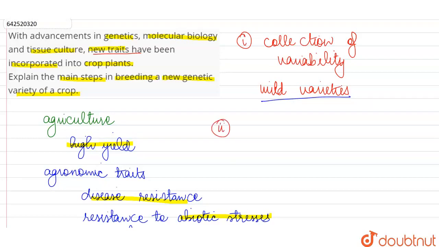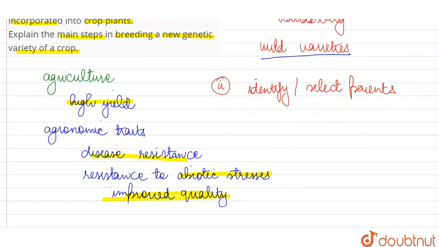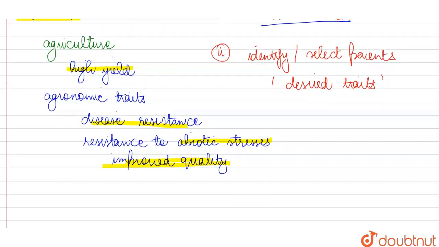And out of all this variability, out of all this genetic diversity, we have to identify and select the parent plants which are going to have these desirable qualities which we want in our crop plant. So after collection of variability, the second step is identification and selection of parents.